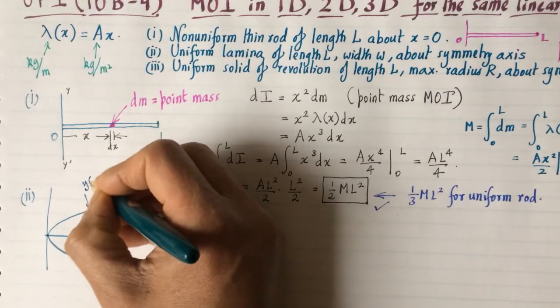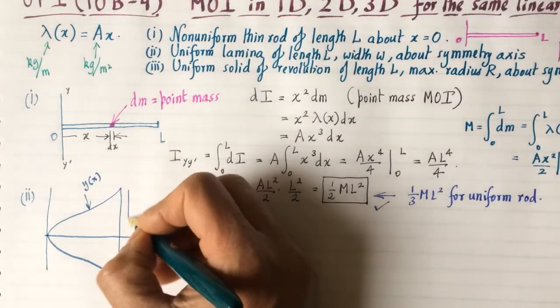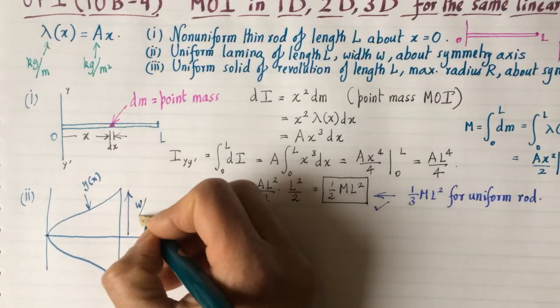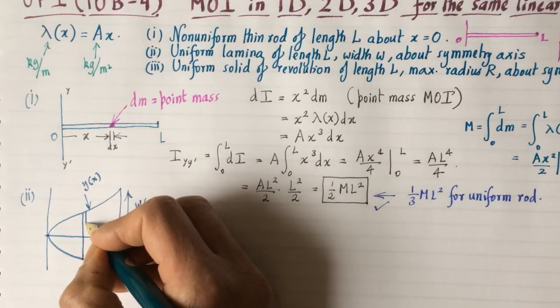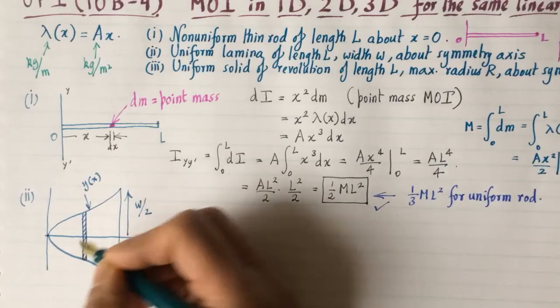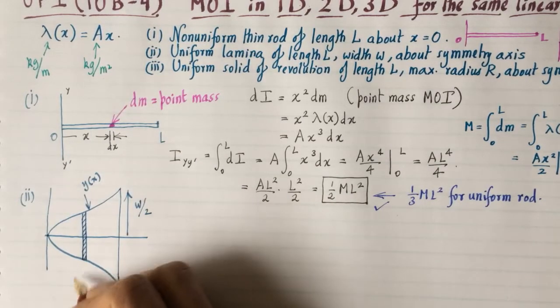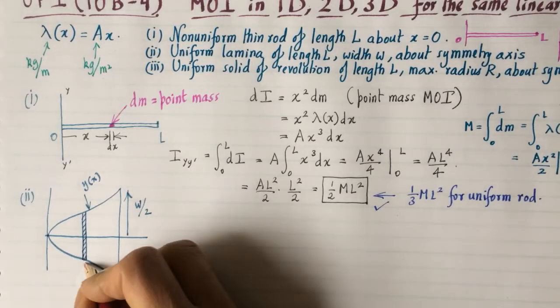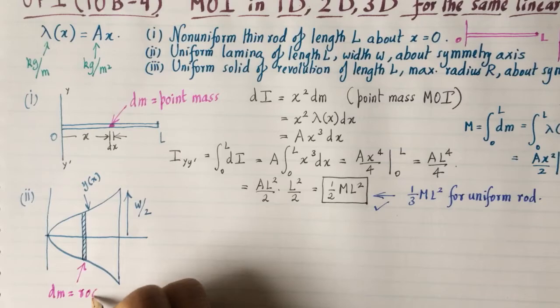This is the function y of x that we seek to determine. The width is w, so this is going to be half width, w over 2. The mass element is now going to be a thin rod. So your dm is going to be a rod about the center.